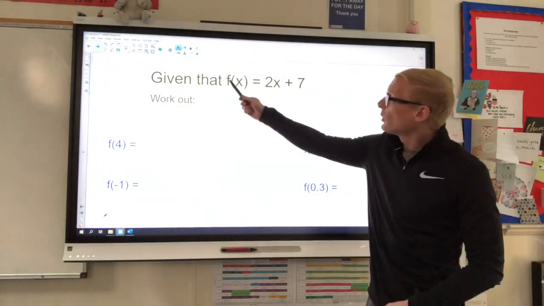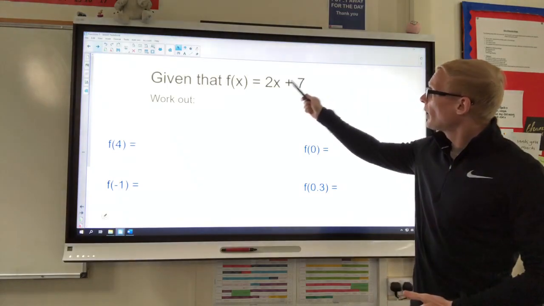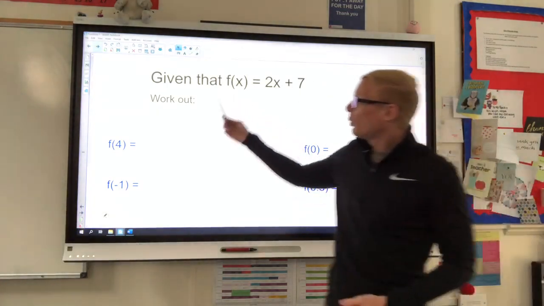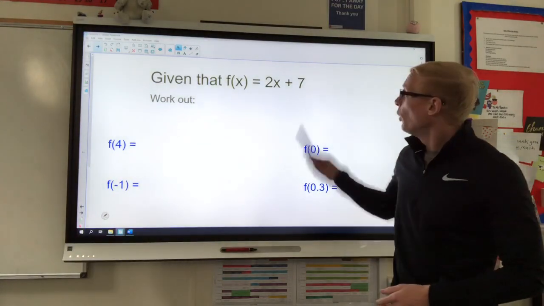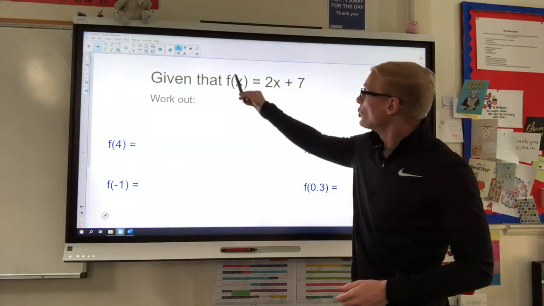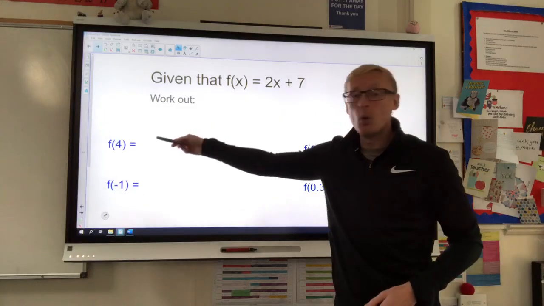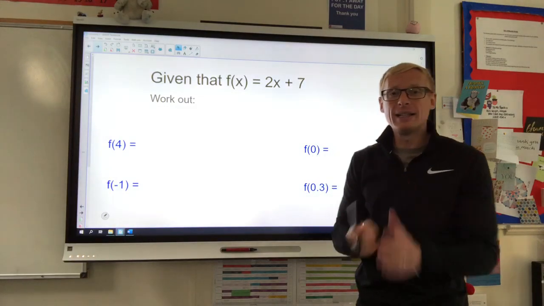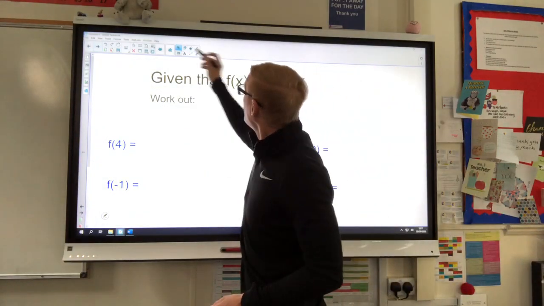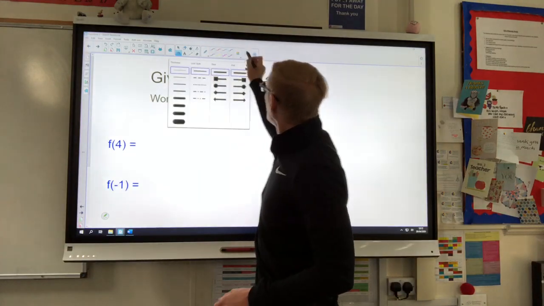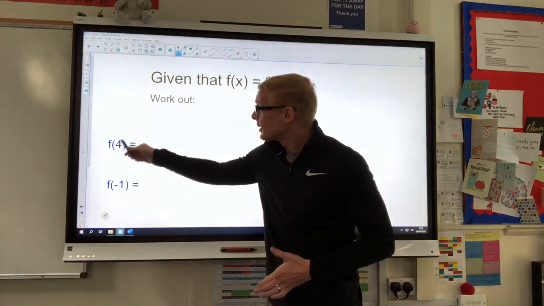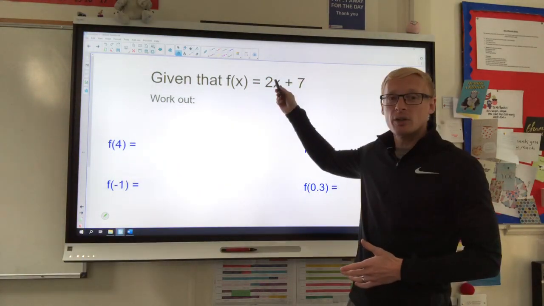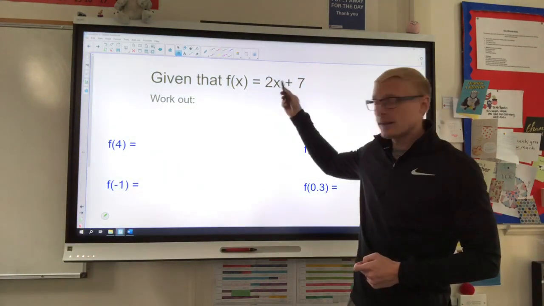What we've got here is a function f of x equals 2x plus 7. And we want to work out f of 4. Now what that means is work out the value of this equation when x equals 4, okay? And we can just write that neatly as this. So what we're looking to do here, and this is the key bit really, is whatever is in this bracket gets substituted into the function where x is.